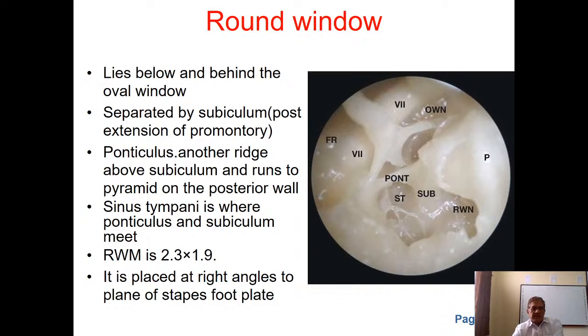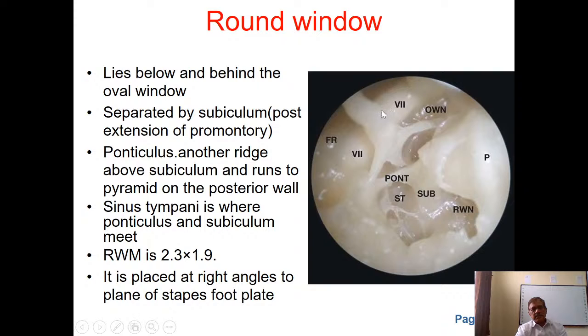This is another picture which also gives us the real picture of the middle ear cavity. Now, that is the oval window, that is the stapes, the anterior crus, and the posterior crus. That is the tendon which is getting inserted into the neck of the stapes.